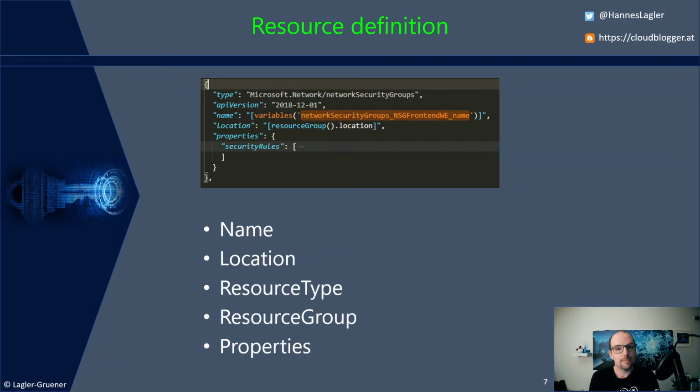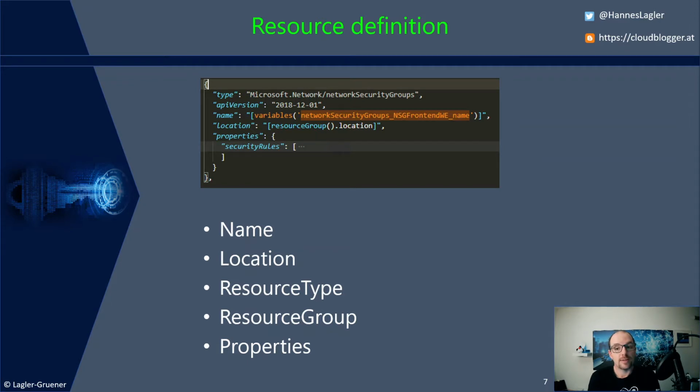You have the type definition, this is the resource provider. You have to choose an API version from exactly that resource provider. There are different API versions available. Microsoft will update the resource provider, and you have the ability to choose the newer version.